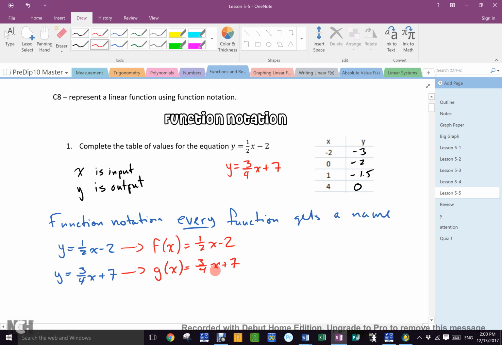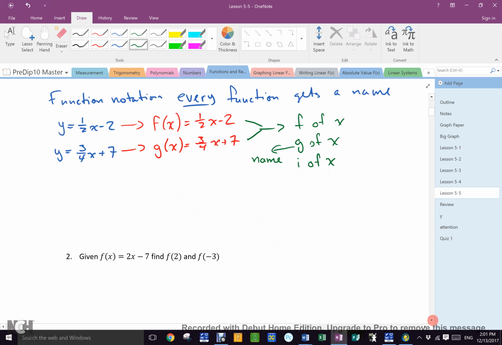Output is no longer y, it's this notation here, which we read as f of x or g of x or i of x. These are the function's name. So you know which one you are going to work with. Does everybody understand? All right.